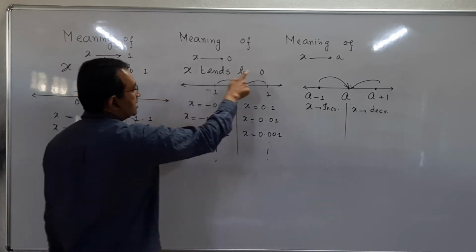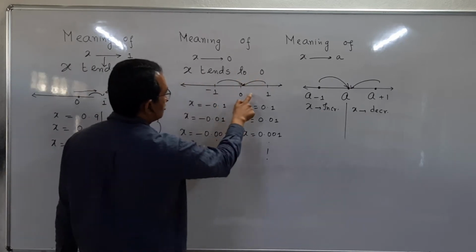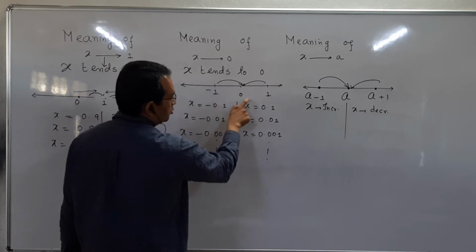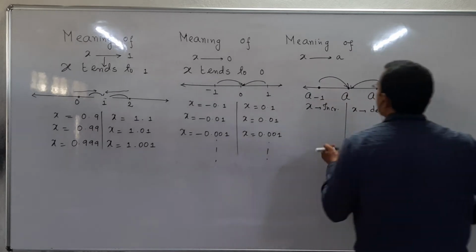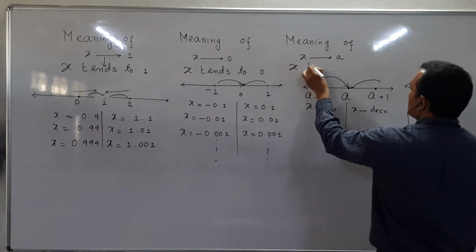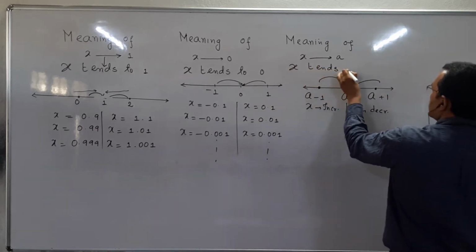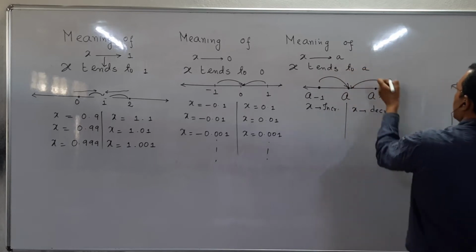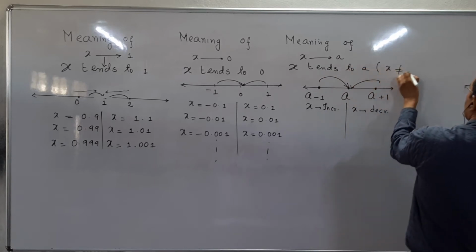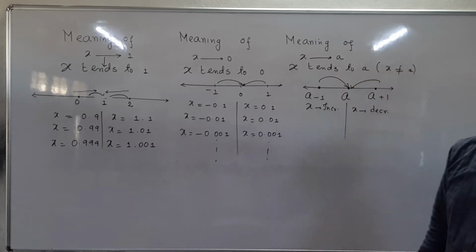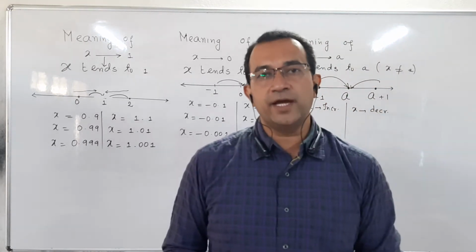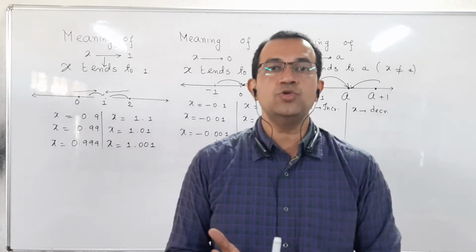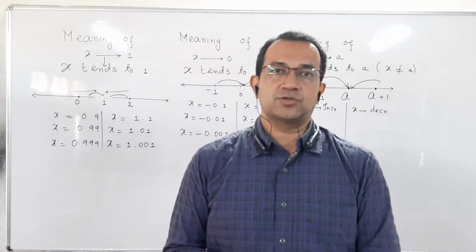When I say x tends to 0, x is very close to 0, but x is never equal to 0. In general, when I say x tends to a, x is never equal to a, even though x is very close to a. So this is the meaning.